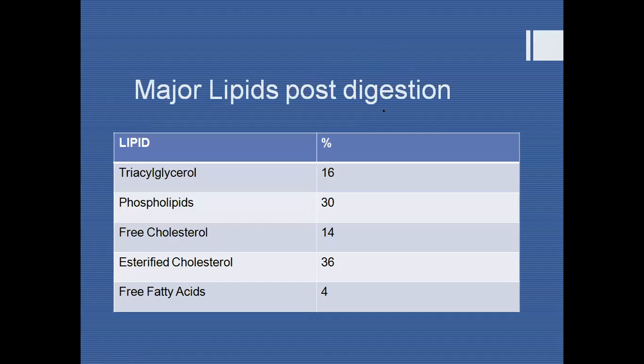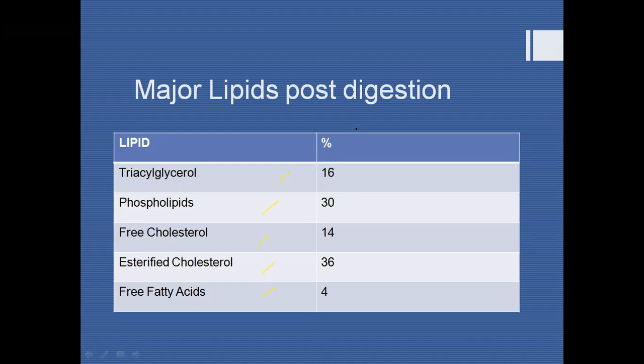So, in the chapter of digestion and absorption, we have learned that major lipids post digestion include triacylglycerol, phospholipids, free cholesterol, esterified cholesterol, and free fatty acid. Majority will be in the form of cholesterol esters, phospholipids, and triacylglycerol.